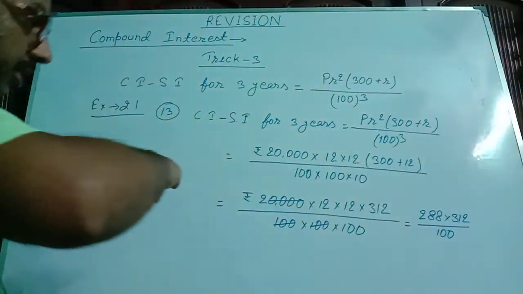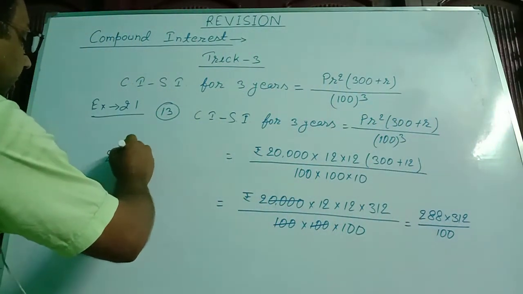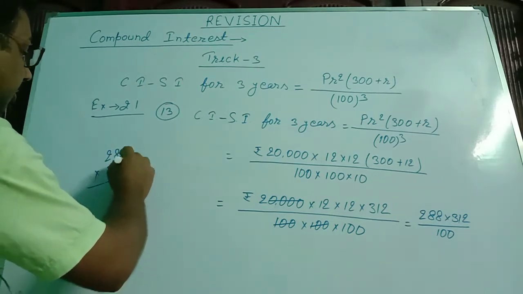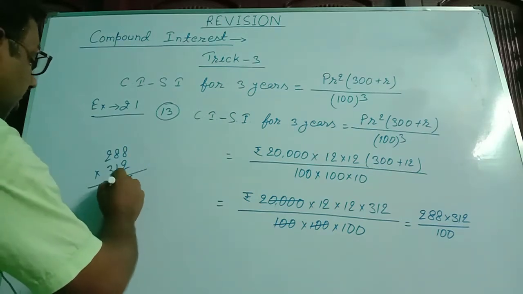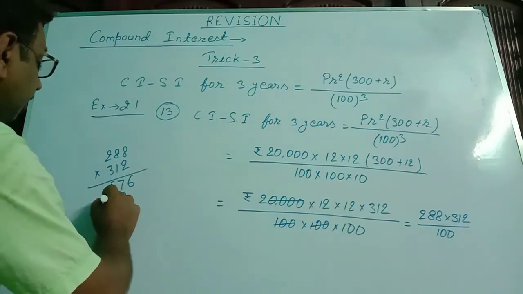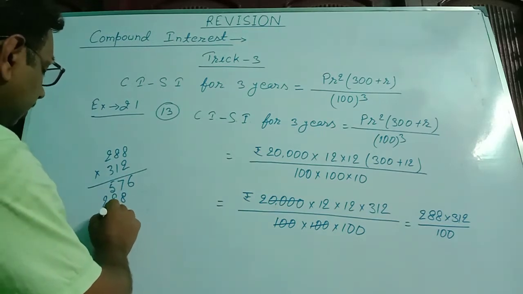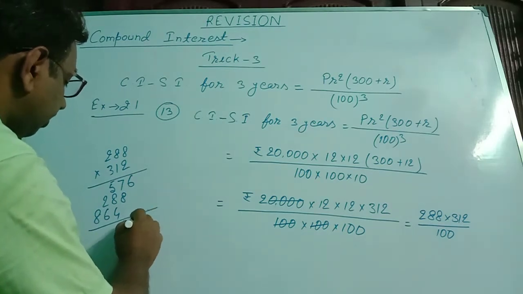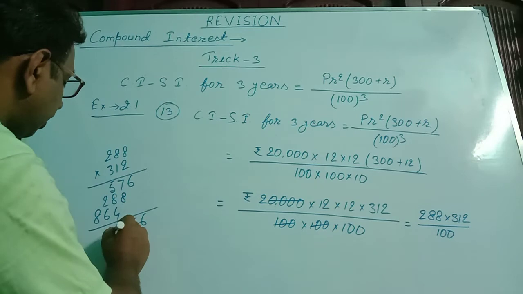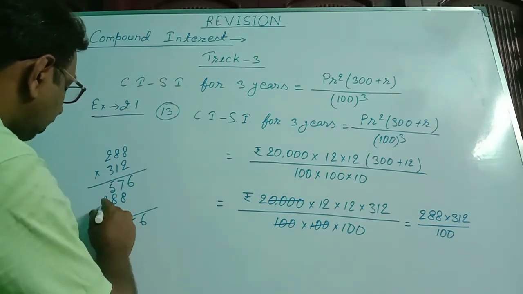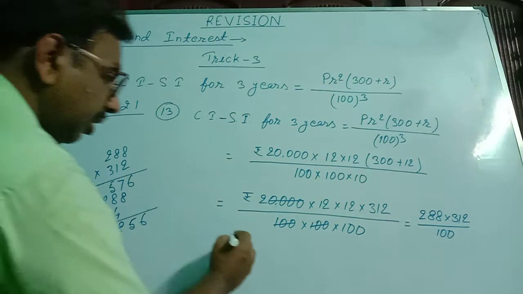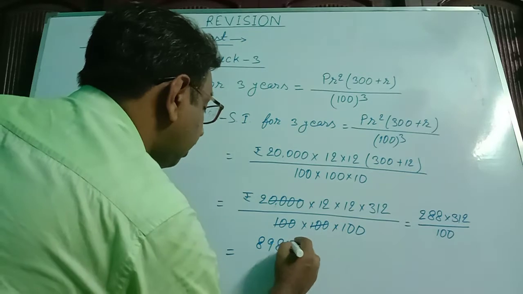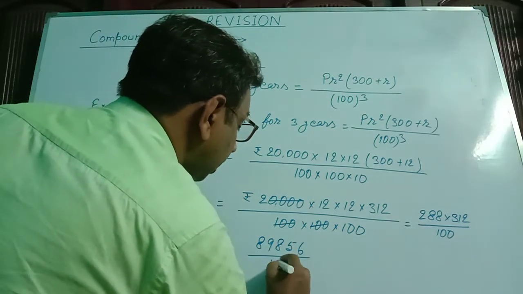Multiply this in rough place. 288 into 312 equals 89,856 by 100.